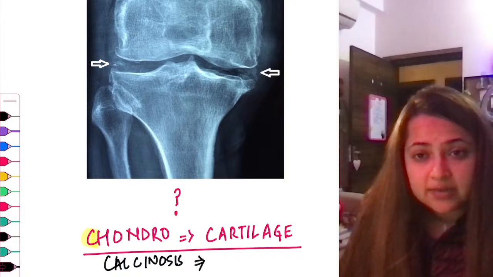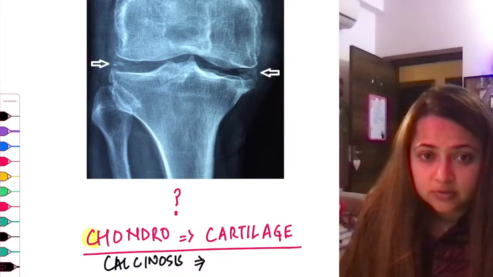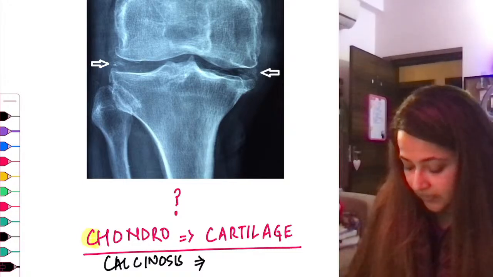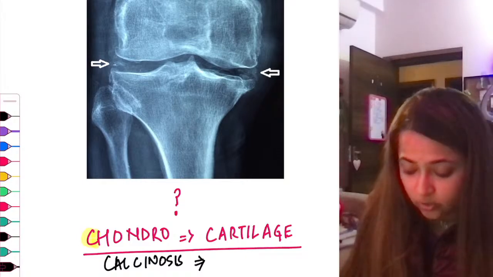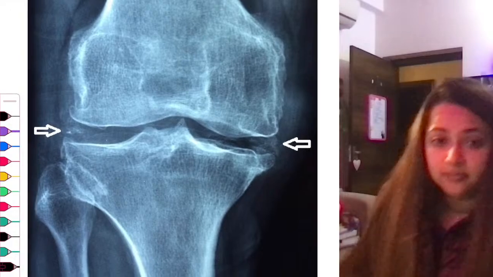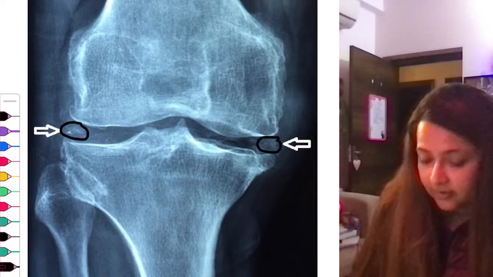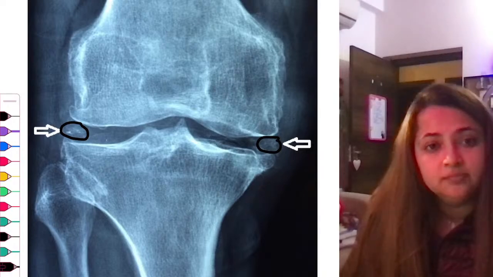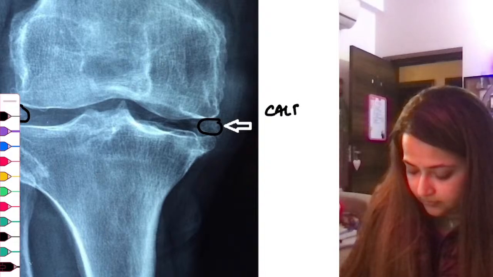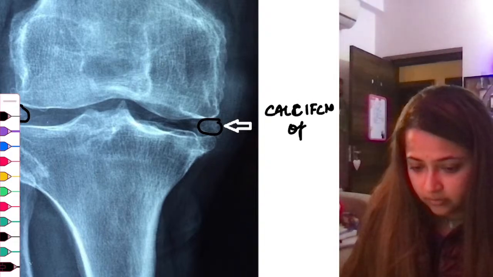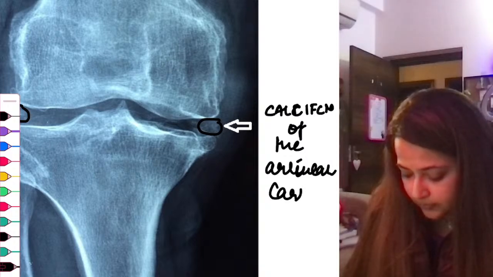Chondrocalcinosis means the calcification of the cartilage, as the name itself suggests. Here we are talking about articular cartilage. If you can see the radio-opacity here, there occurs the calcification of the articular cartilage. This is a very important picture.